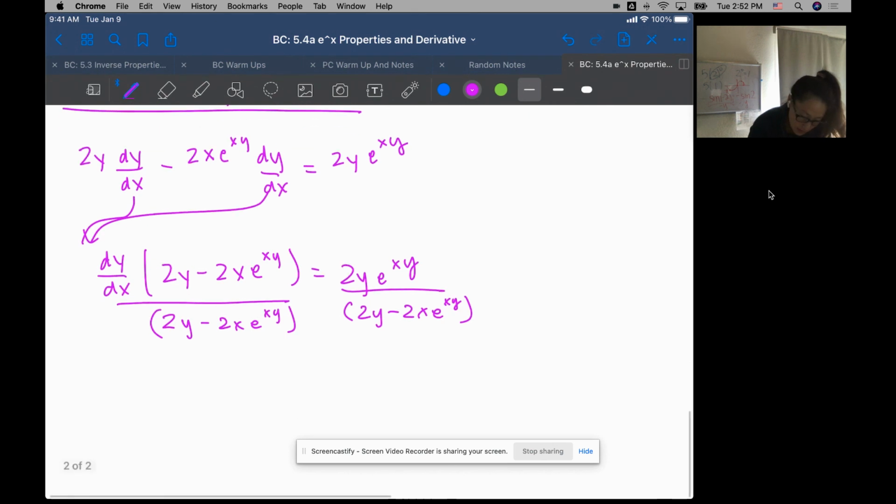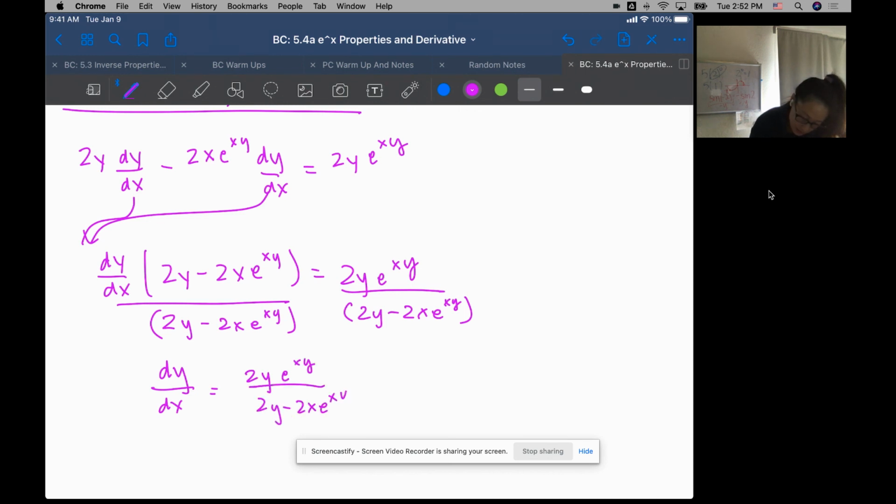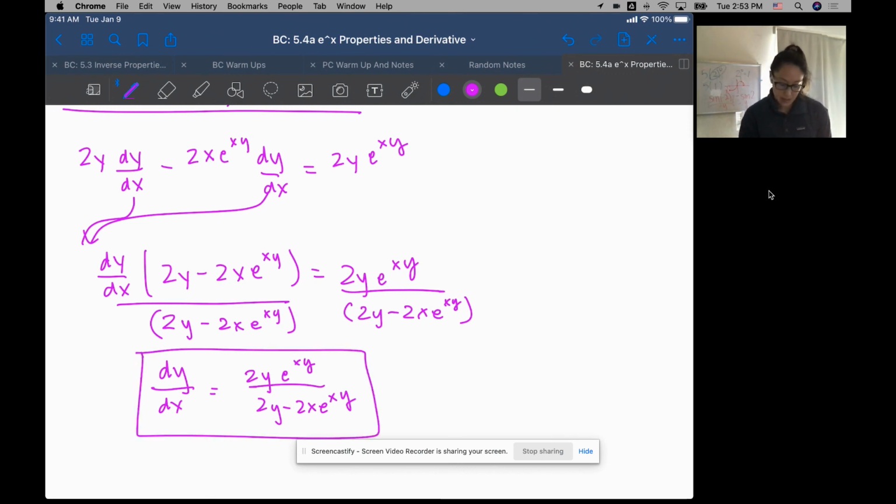And that is it. dy over dx is equal to 2y e to the xy over 2y minus 2x e to the xy. I suppose we could substitute out the y if we wanted to, but I don't see a need right now. So I'm going to leave it.